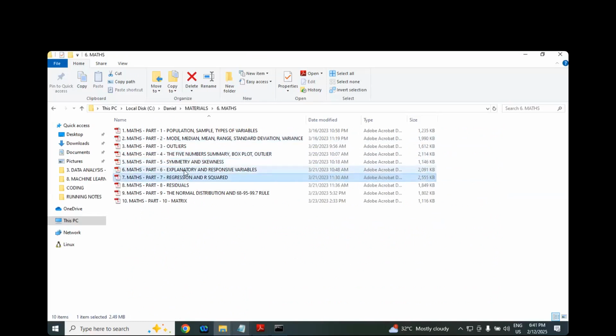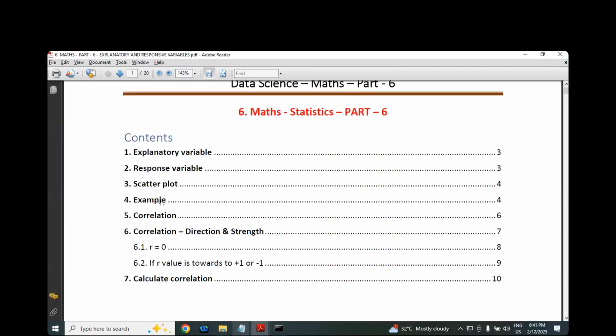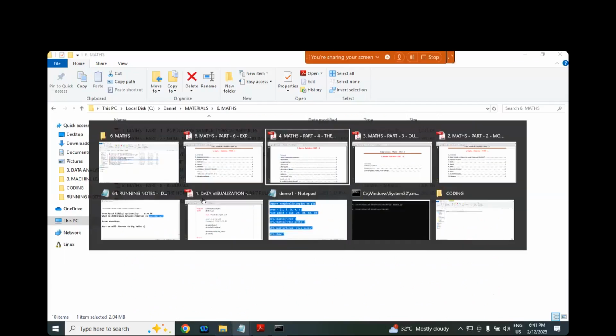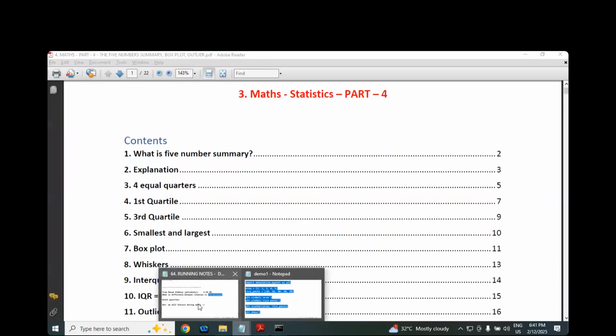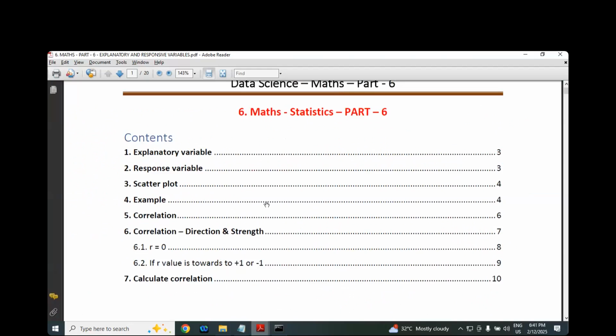Yeah, here it is. Look at my screen. Here you can find correlation. I'm sorry, correlation. Here I will explain. Who asked a question? Here I will cover, sir. Cool, cool. We have a separate material.